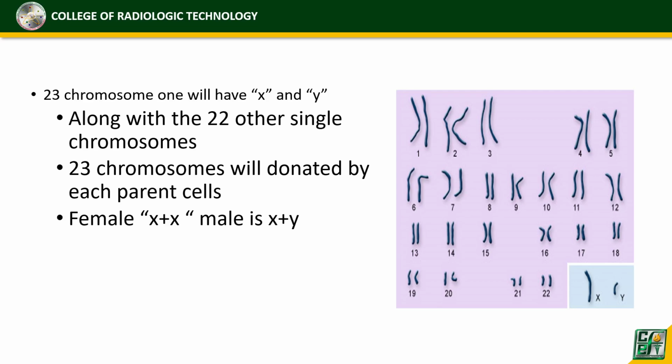Pag naman ang ika-23rd chromosome nila ay X and Y, siya ay magpro-produce ng male offspring. Okay po ba? Naintindihan po?